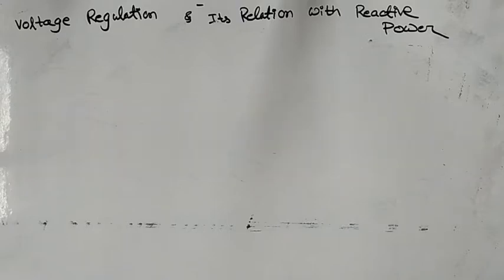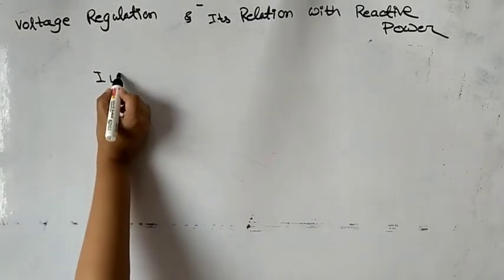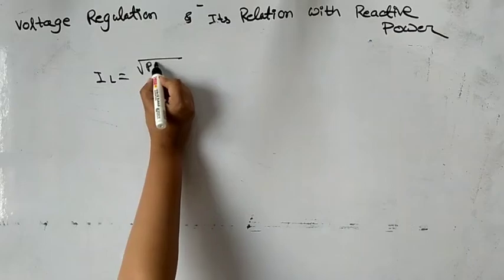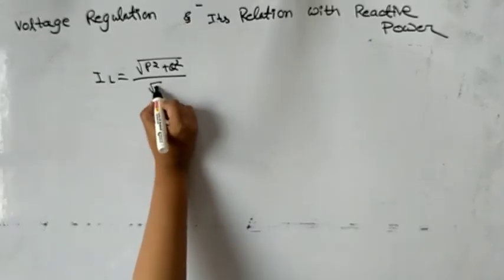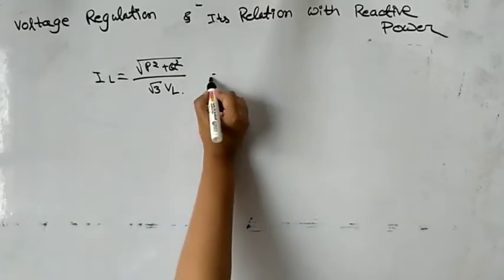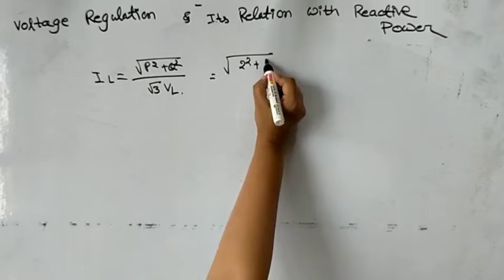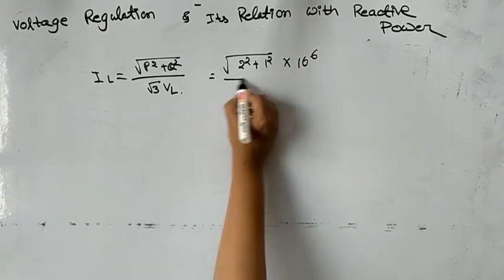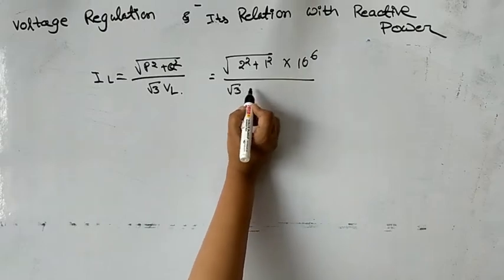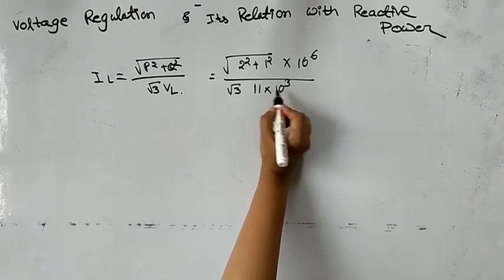So, load current IL can be obtained by IL equals root over P square plus Q square by root 3 into VL, which equals root over 2 square plus 1 square into 10 to the power 6 by root 3 into 11 kV line to line voltage into 10 cube.